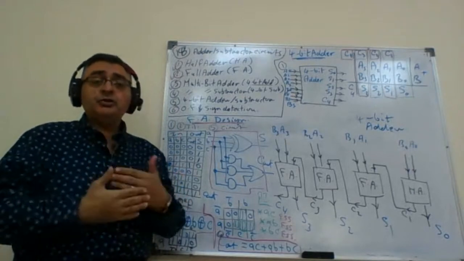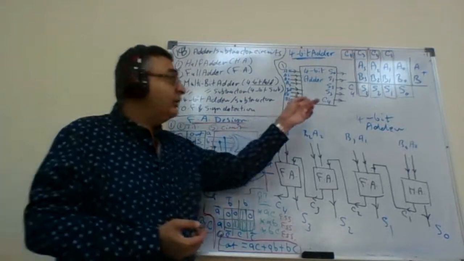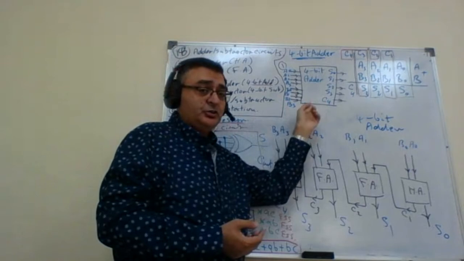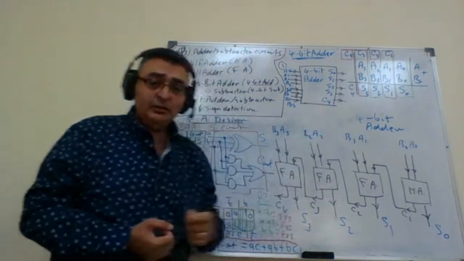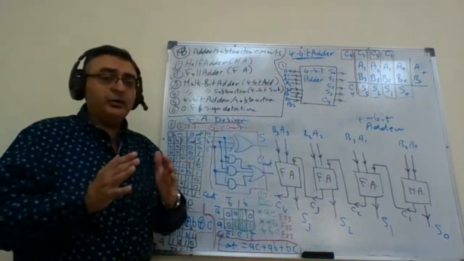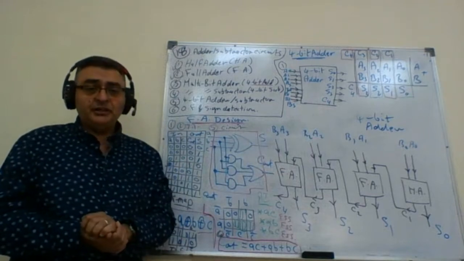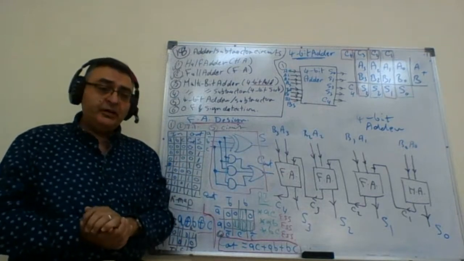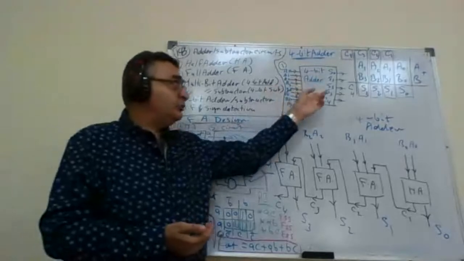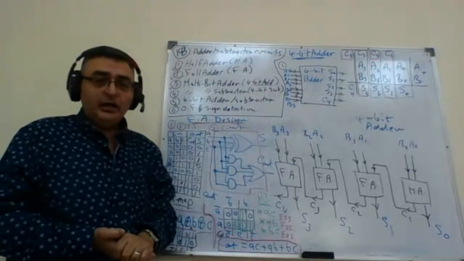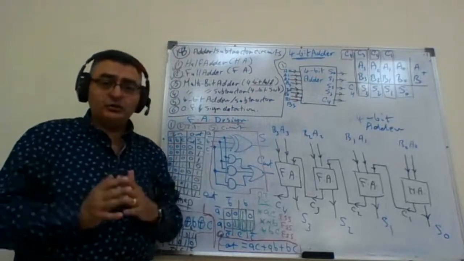However, if I'm using the computer tools and I follow the standard way to design the multi-bit adder, how can I compare this adder to this 4-bit adder that we have designed? Definitely, for the standard way of designing the 4-bit adder, I have pros and cons.